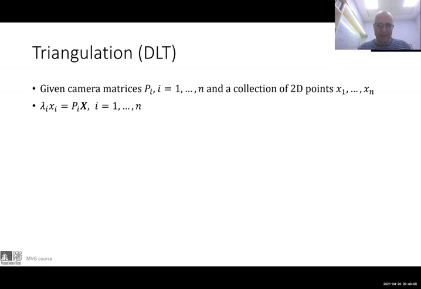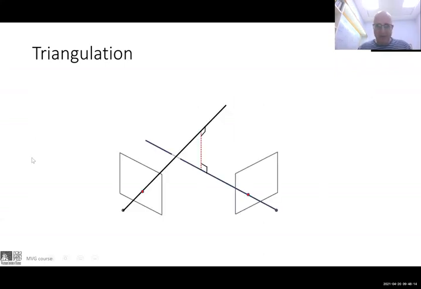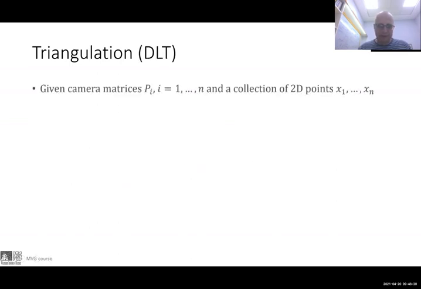The first two coordinates are fixed. No, so let's look again at this. We know the points in the image. We know the cameras. What we don't know are the depth and the 3D position. So what we know are xi and Pi, small xi and Pi.